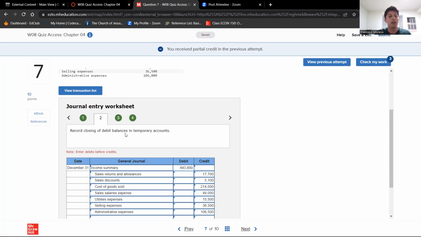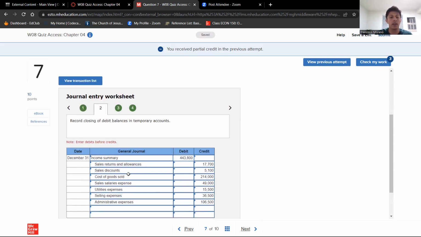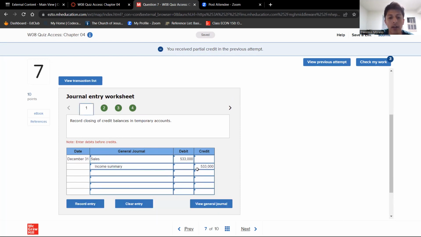There you go. And that's gonna be it for this one. As you can see, we have worked with the income summary on both sides, debit in this and credit on this one. And I'm saying this because the next step is to close that summary account.